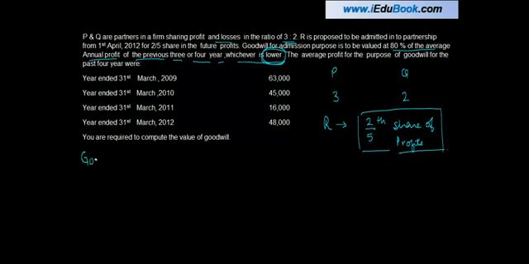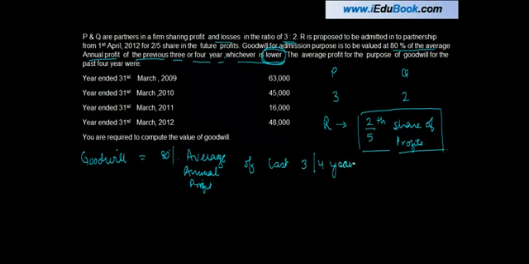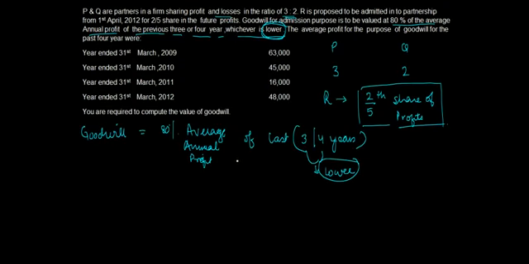So my goodwill has to be calculated as 80% of the average annual profit of the last 3 or 4 years, whichever is lower out of these two. So basically what is happening here?